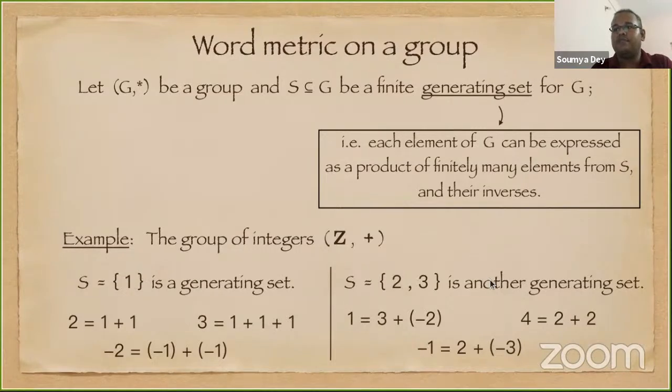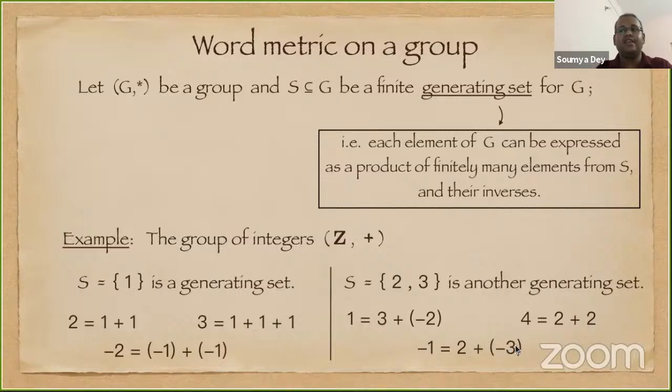Okay, let's take another example. What about S equal to {2, 3}? I'm claiming that this is also a generating set for the same group. How? See, you can write 1 as 3 plus minus 2, right? What about 4? 4 you can write as 2 plus 2. What about minus 1? 2 plus minus 3.